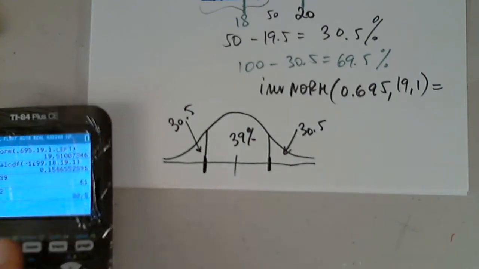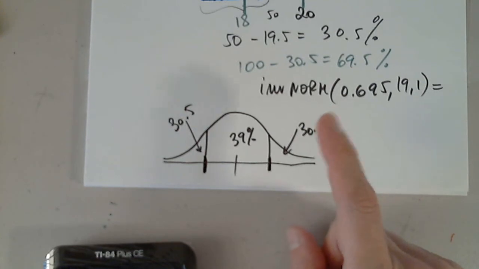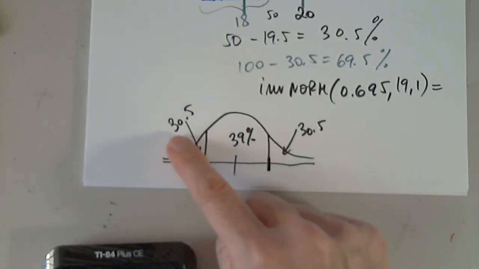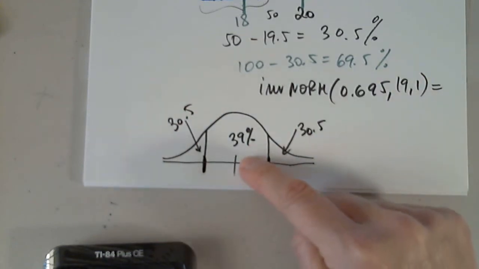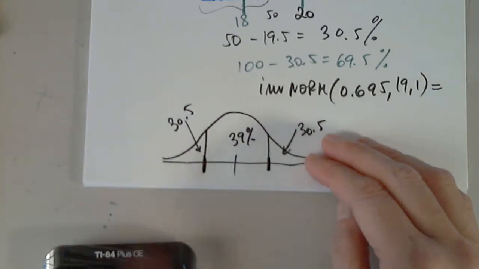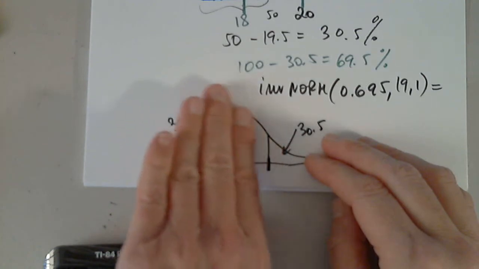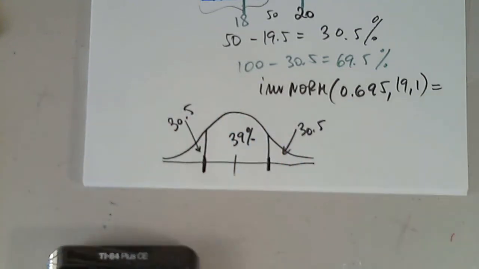And inv norm should give them to us. So this area to the left is 39 plus 30.5, 69.5. So I will enter the area to the left, the mean and the standard deviation, and I should determine this. And then I will enter again the area to the left and the mean and the standard deviation.